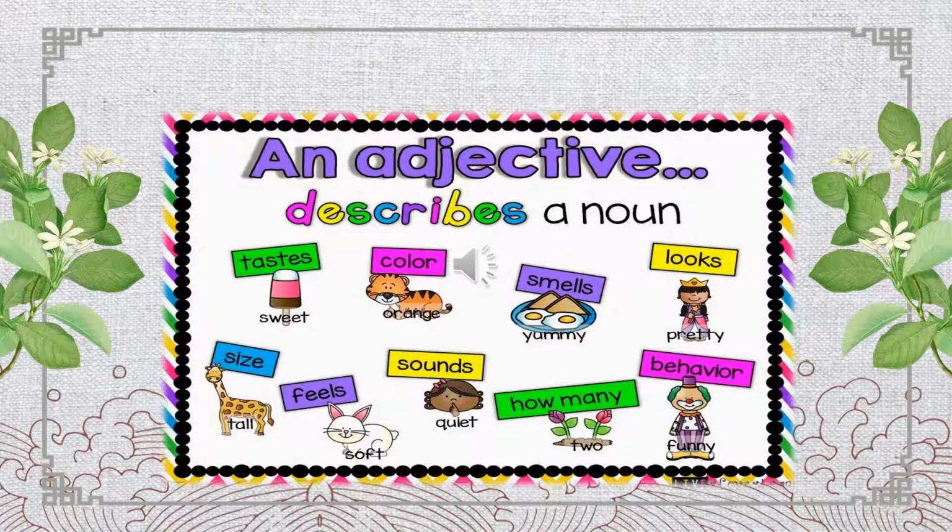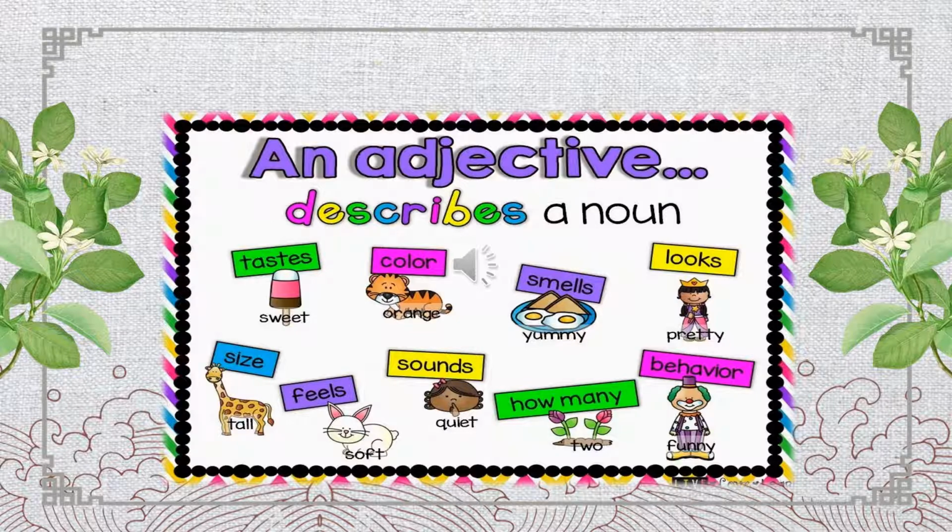Now there are some words which define adjectives or describing words. So what are adjectives? An adjective is something which describes a noun. And what are those words which describe a noun? Taste, which means sweet, bitter, sour.